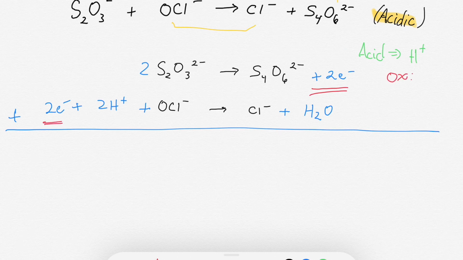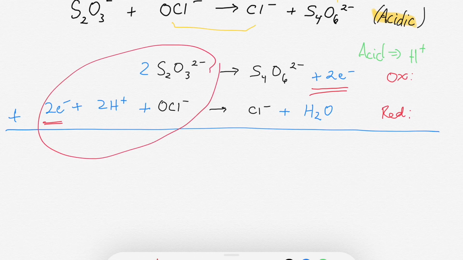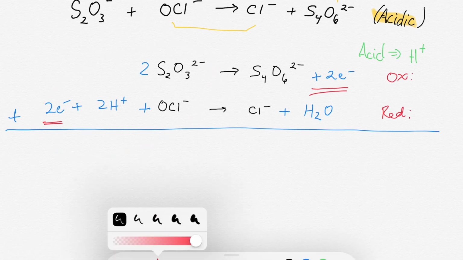Notice that this guy is gaining electrons, which makes it my reduction half reaction. I just thought I would point that out to you. So at this point, now we can go through and add everything together. Everything on the left side gets put together, and the right side too. So let's get going.